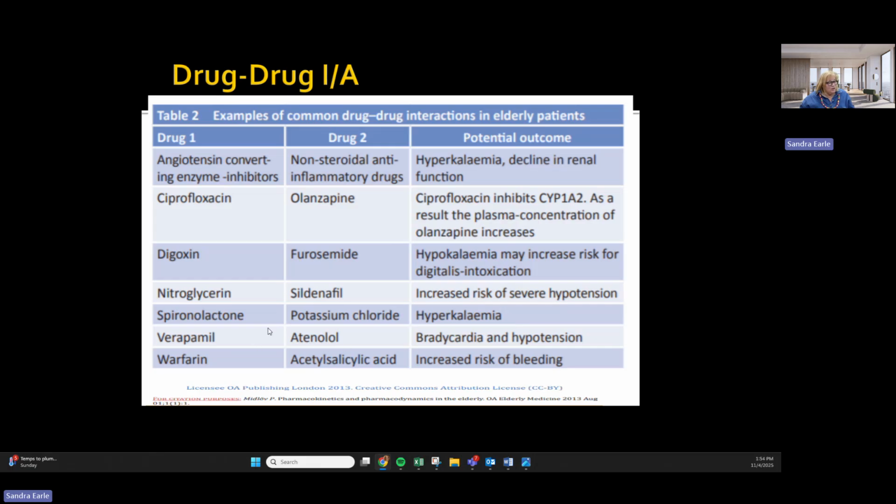Verapamil and atenolol, they're both AV node inhibitors. So you can cause bradycardia and hypotension. Again, exaggerated in the elderly. Warfarin and acetylsalicylic acid are going to have an increase in risk of bleeding. Remember, anti-platelet drugs and anticoagulants have an exaggerated response in the elderly.